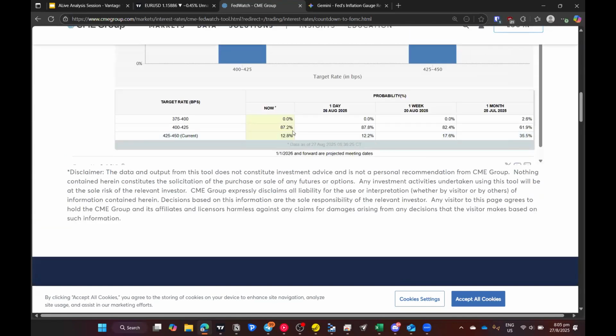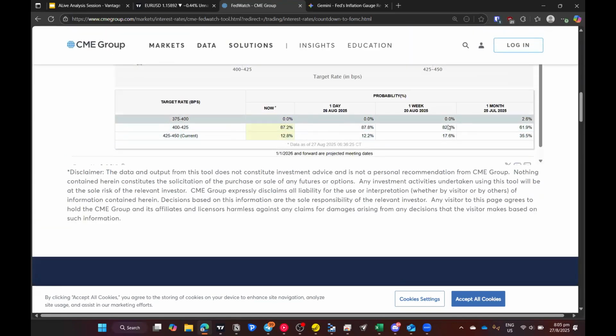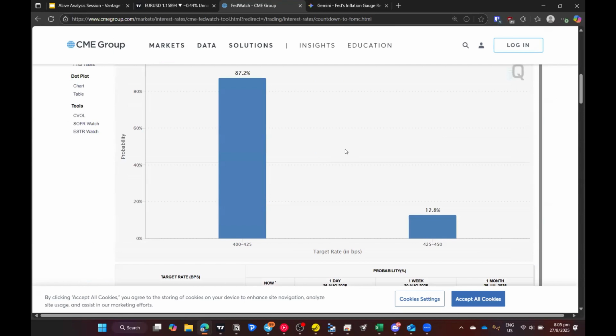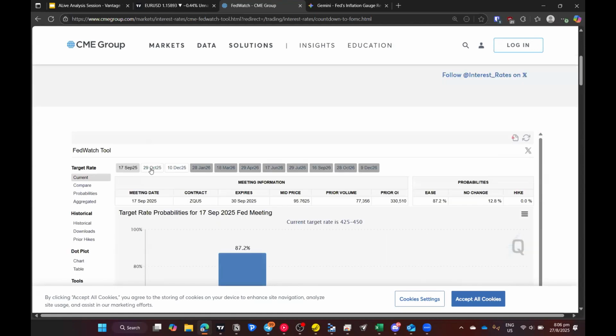That has remained stable for at least a week now. We're going to look at the charts, but last week, I think there was the announcement of your CPI, and that caused the dollar to weaken after the news. So 87.2% for a 25 basis point cut.